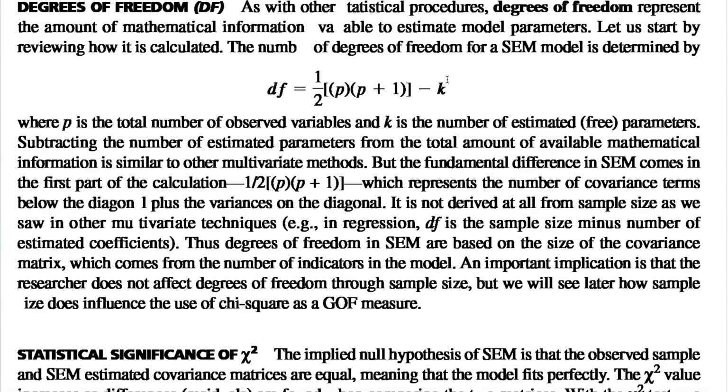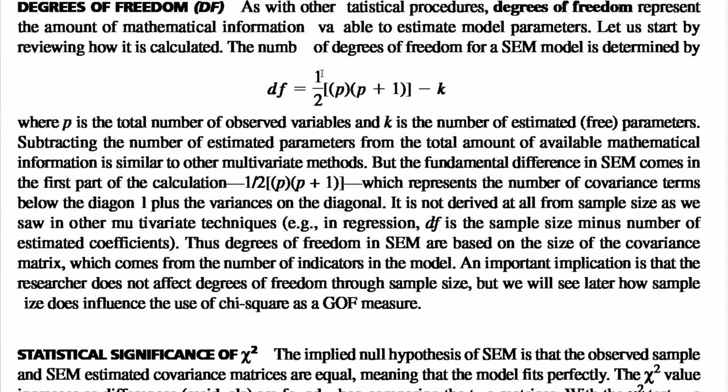Subtracting the number of estimated parameters from the total amount of available mathematical information is similar to other multivariate methods, but the fundamental difference in structural equation modeling comes in the first part of the calculation. One half p times p plus 1 represents the number of covariance terms below the diagonal plus the variances on the diagonal.